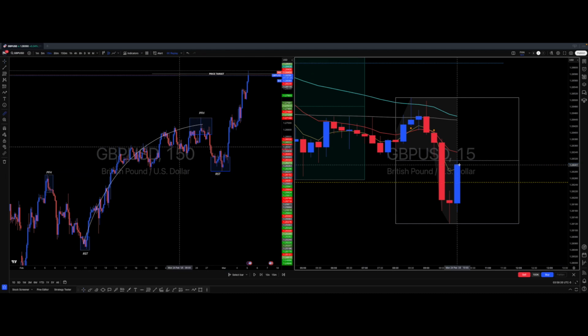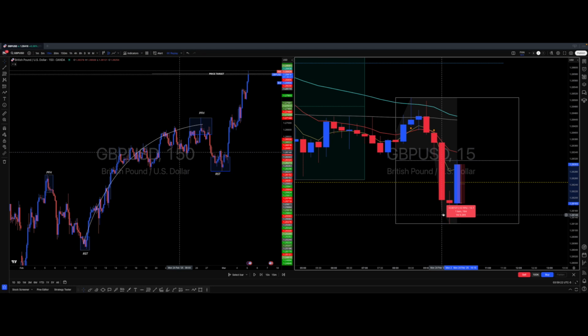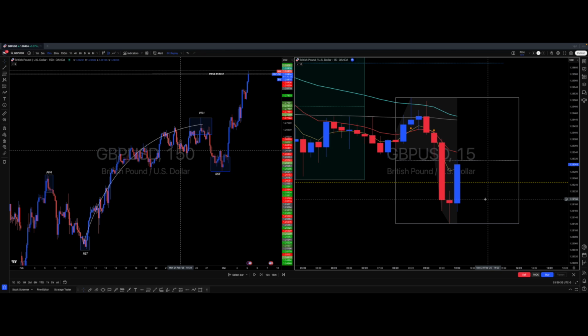The blue candle is about 12 pips. So does it cover 75%? So 75% of the candle would have been right around 13.1 pips or something like that. So this is only 12.1 pips. So the answer to that is no.